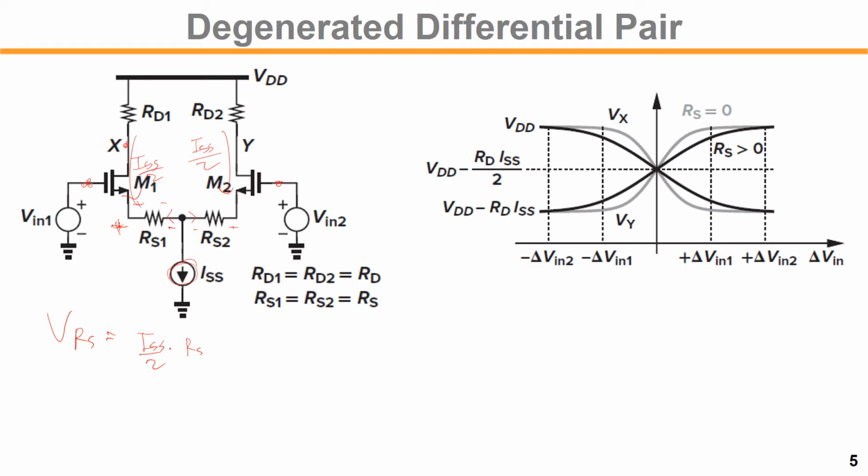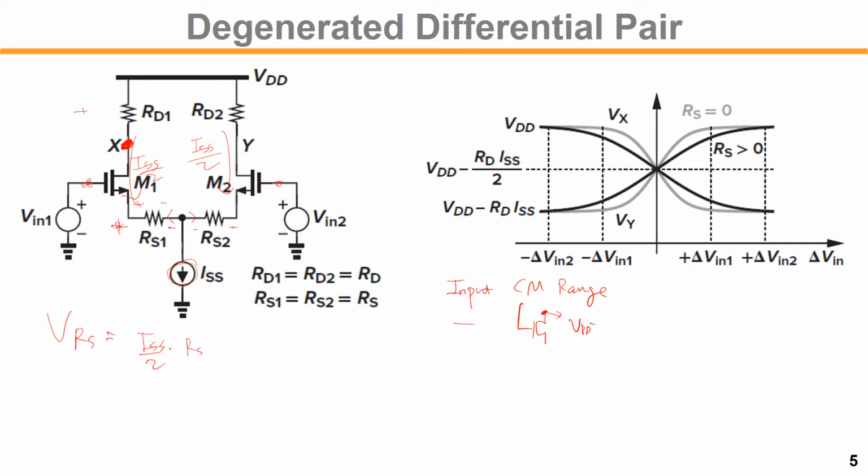For example, let's check out the input common mode range. Because of the RS, let's say the maximum input common mode would be the output DC voltage plus what?